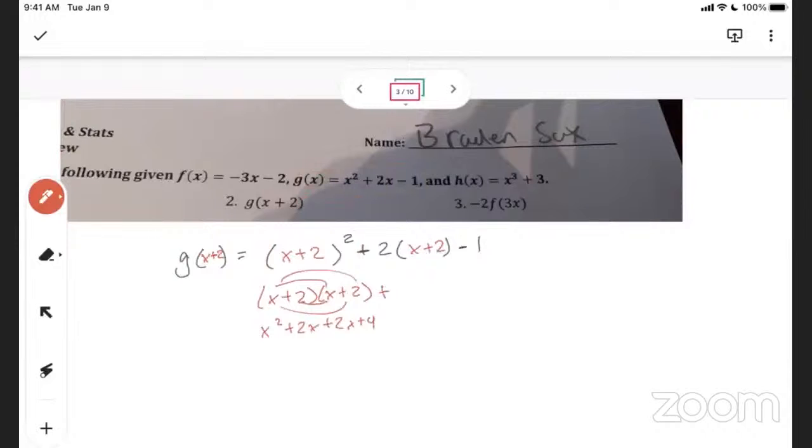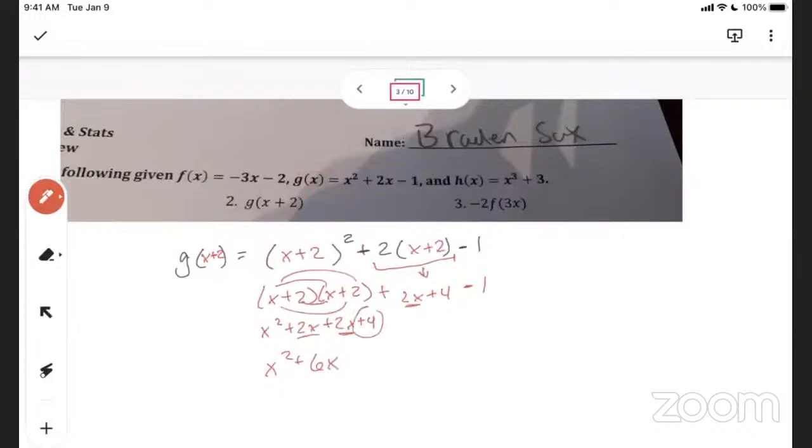And then this is just 2x plus 4. And then this, of course, is minus 1. Actually, hold on. Here are my x terms. There's 2x plus 2x plus 2x, which is 6x.